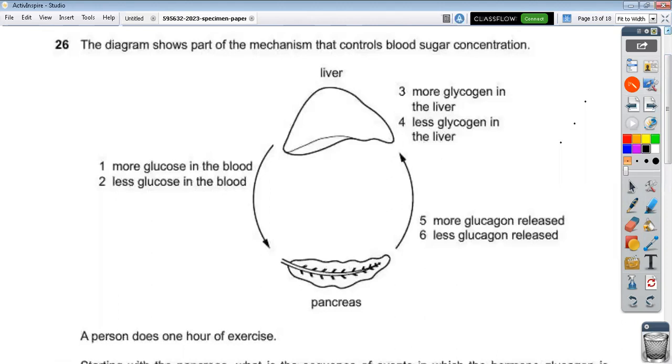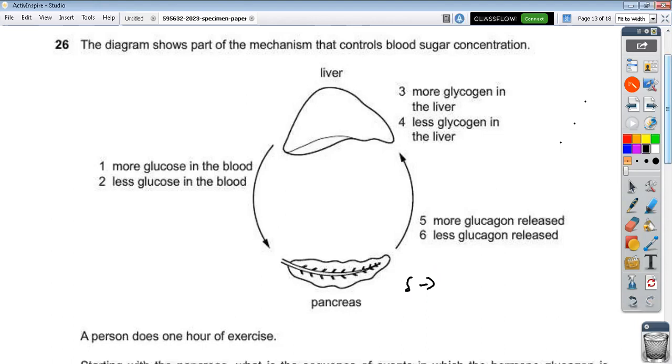More glucagon is released, which is number 5. Then what happens? I think it's number 3. I don't know.